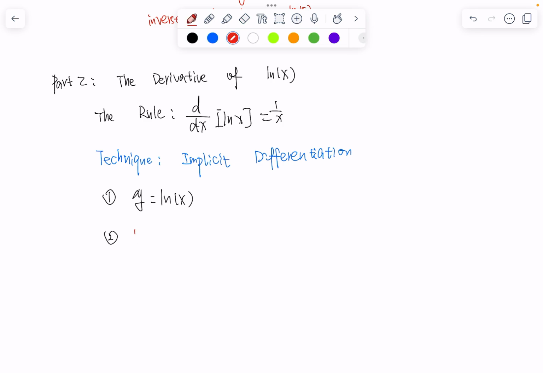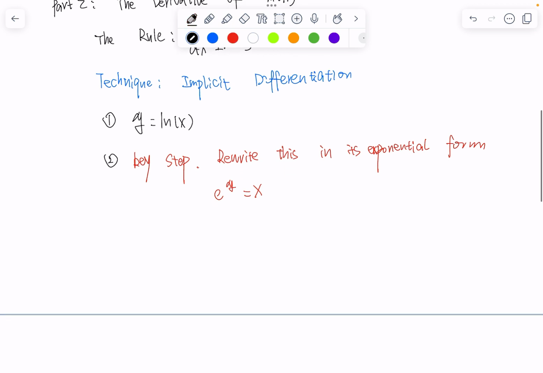So let's use the red pen. The key step: we rewrite this in its exponential form. So that means e to the y equals x. Step 3, now we differentiate both sides of this equation with respect to x.